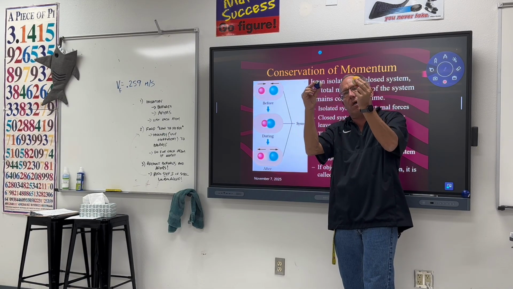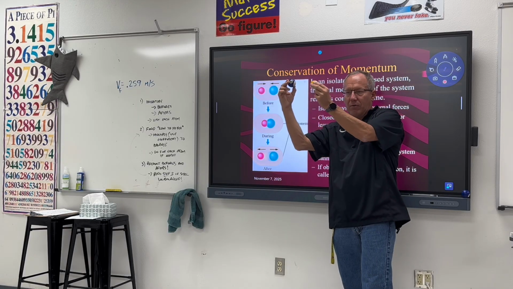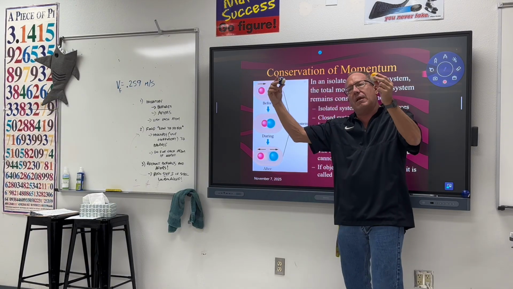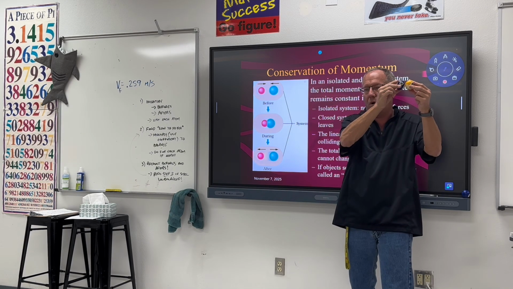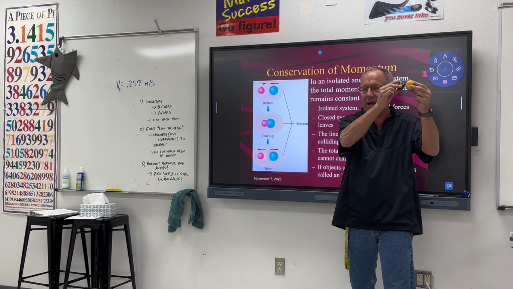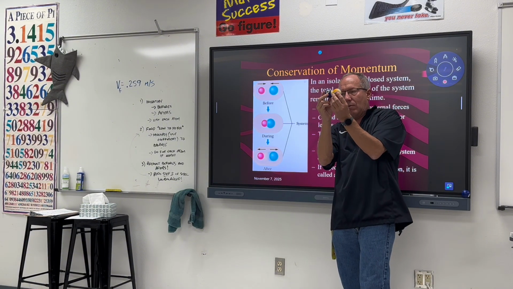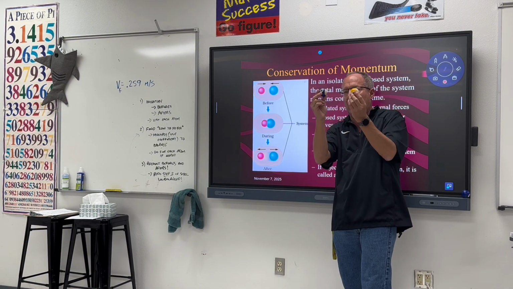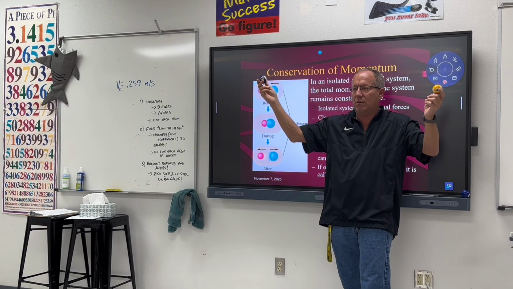Or they will collide and both go in the same direction, or both go the other direction. Or they will collide and stick together and move together as one mass in one direction with one velocity. Or they will start at a point and then break apart, one going one direction and one going the other direction.